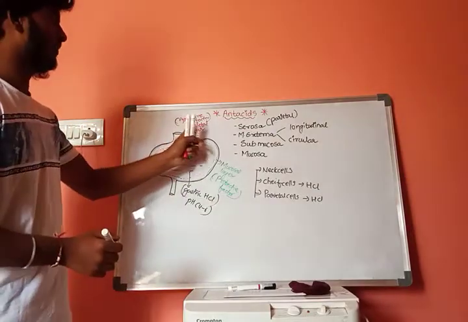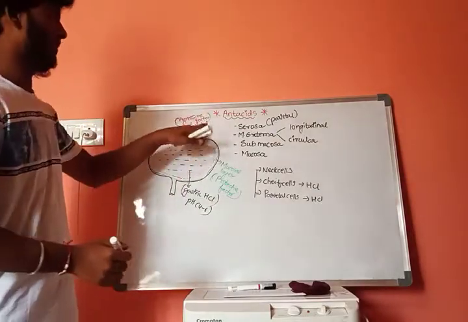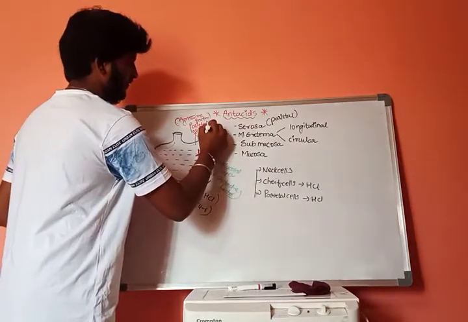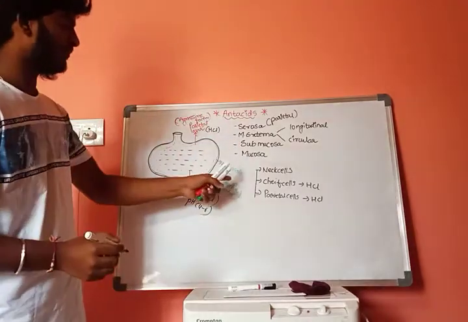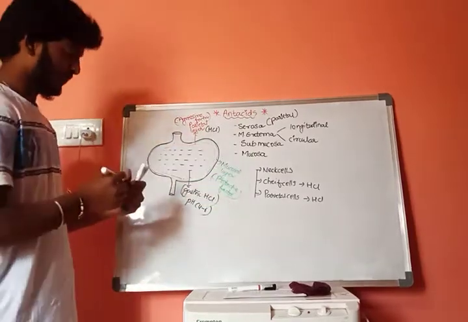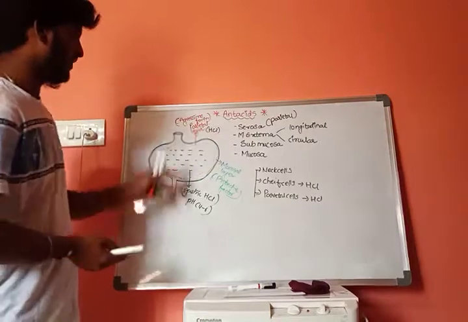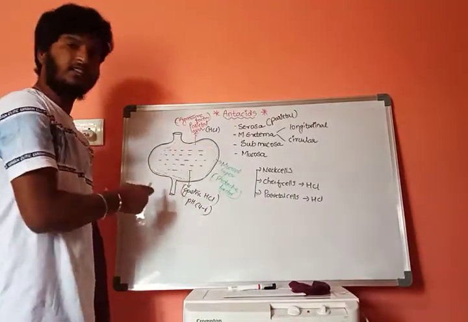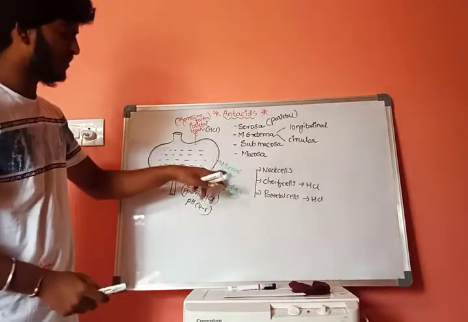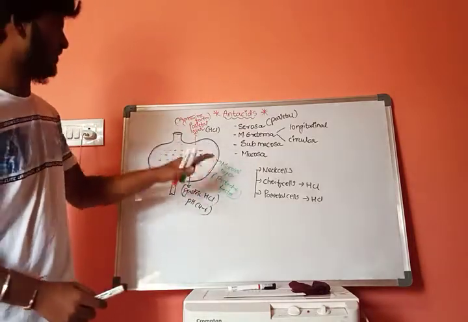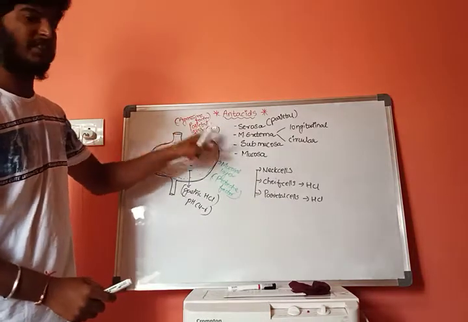This aggressive factor, the parietal layer, will secrete HCl. Whenever HCl is secreted into our stomach, it has the capacity of burning the layers of the stomach. This mucosal layer, the protective layer, helps in protecting the layers of the stomach from degradation by this HCl.